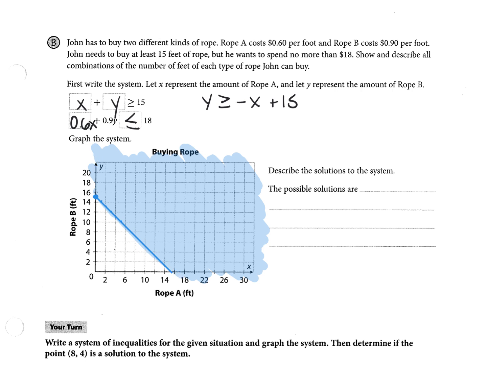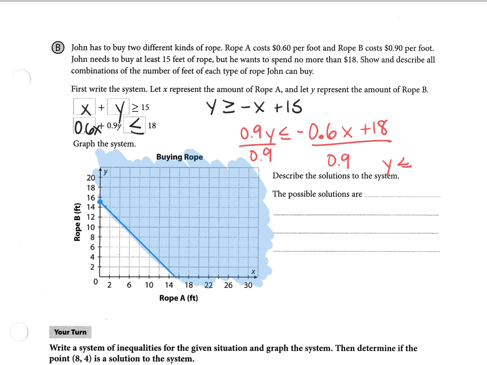Then for the next one, we need to transition it into slope-intercept form as well. 0.9y is less than or equal to -0.6x plus 18. Divide by 0.9 on both sides. That leaves us with y is less than or equal to, that one can be reduced or changed into -2/3 x.